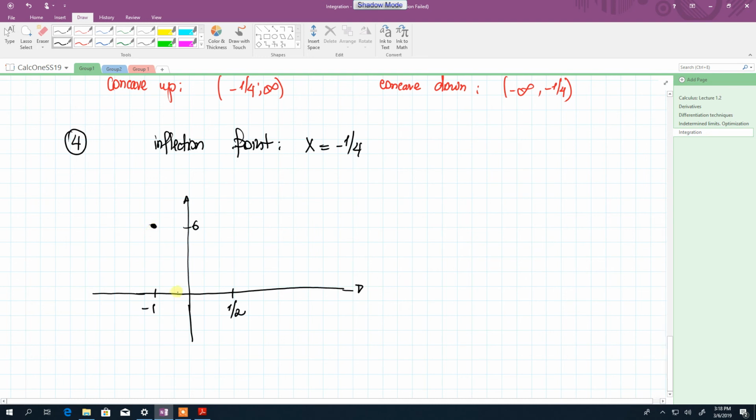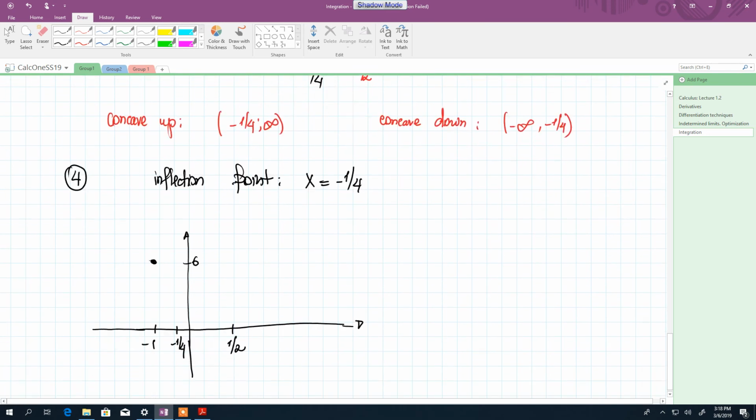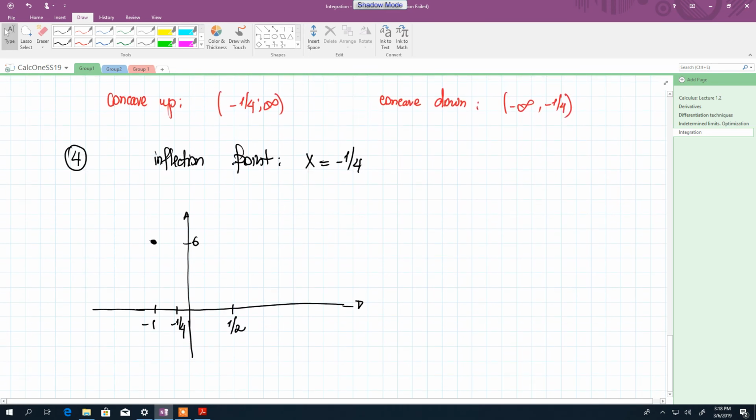But I also know that before minus 1 over 4, the function is concave down, like this, right? And after this, the function becomes concave up, right? So it reaches its minimum at the point 1 over 2, and its minimum is equal to minus 3 over 4, right? Somewhere here. Let's say this is minus 3 over 4. The graph of the function, by some analysis, should be like this, right?